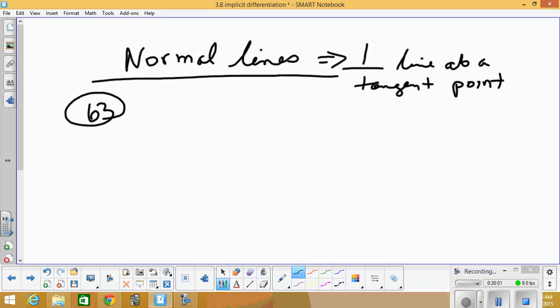So given an equation that is the equation of the tangent line at some point P, the normal line is the perpendicular line through that same point P.